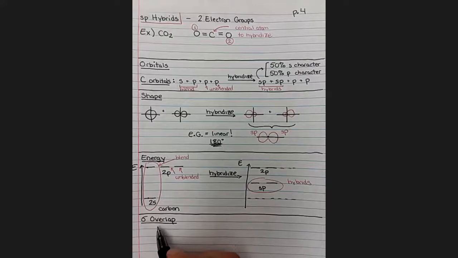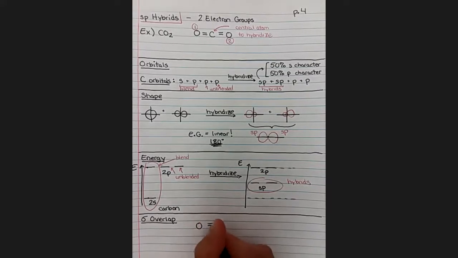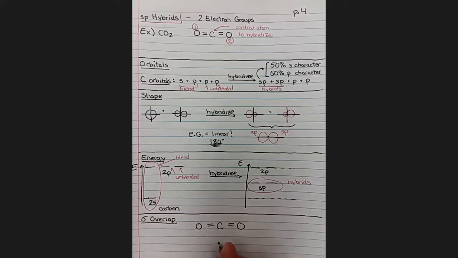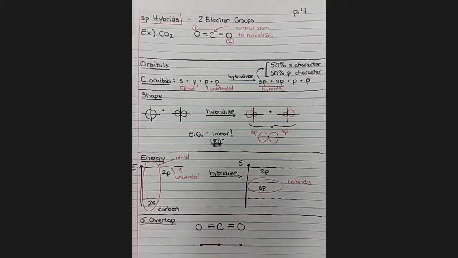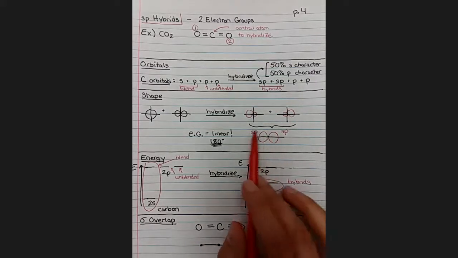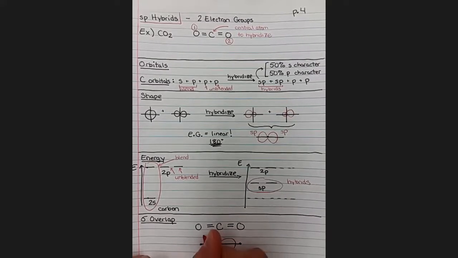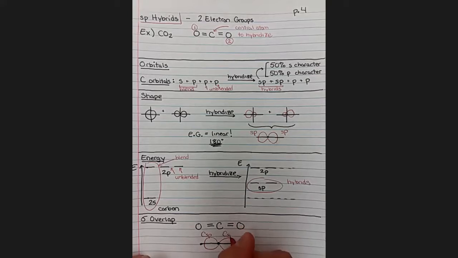Awesome. So now if we use those orbitals that we've made to do sigma overlap in our CO2 molecule, we're going to choose an sp orbital for each of the carbons. So we'll reproduce this shape, our lazy shape, that only has the larger lobes shown. Carbon sp hybrid orbitals.